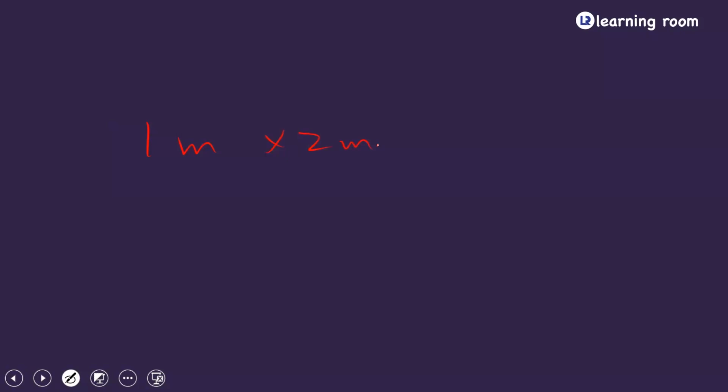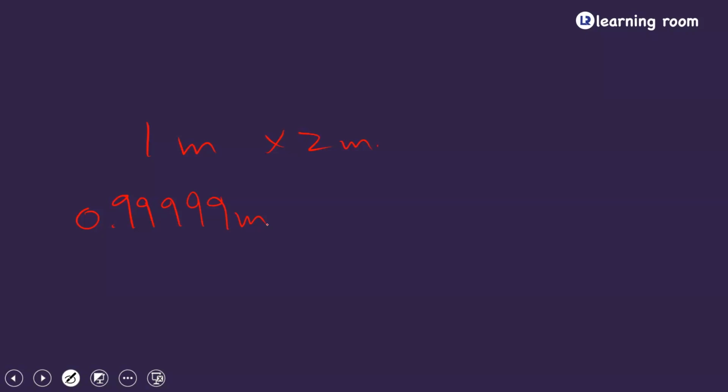If I make a window which is 0.99999 meter, it's not going to affect me because the difference is very, very small. You're getting it?